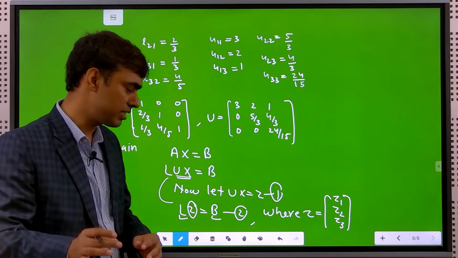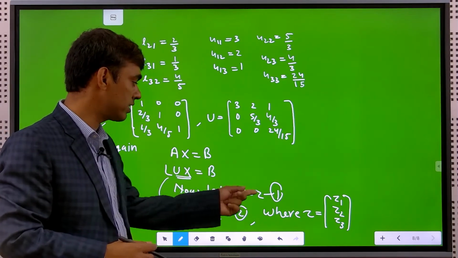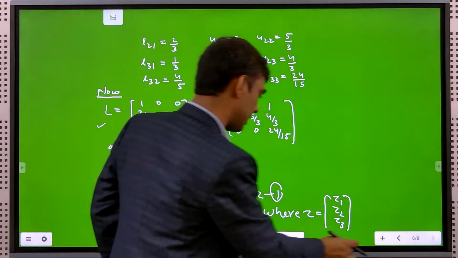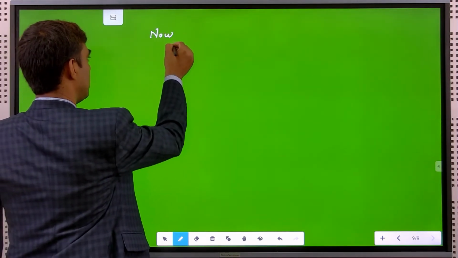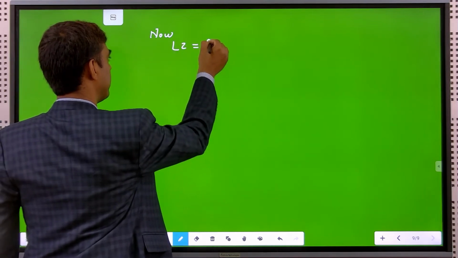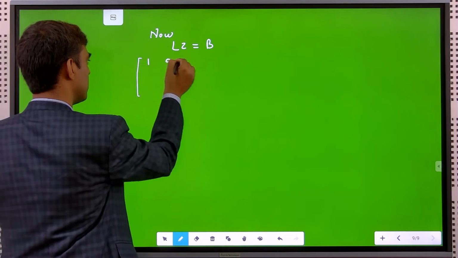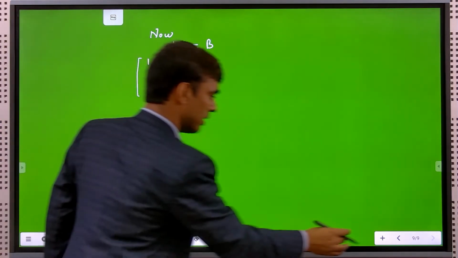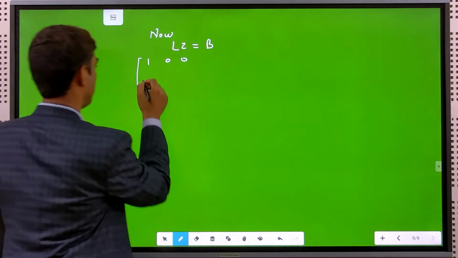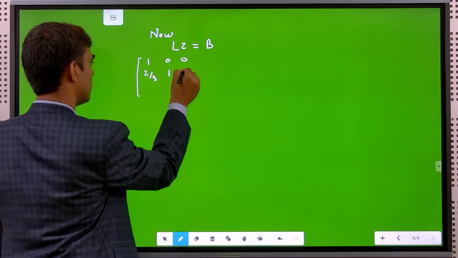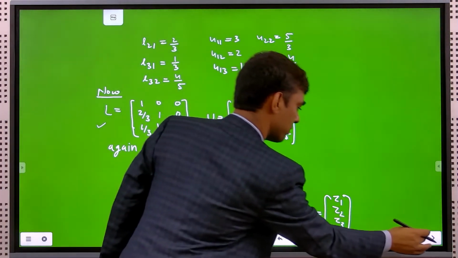In Dirichlet's method, first we solve Lz equals B, then we solve Ux equals Z. Now we solve Lz equals B. So here, what are the values of L? 1, 0, 0; then 2 by 3, 1, 0; and 1 by 3, 4 by 5, 1.